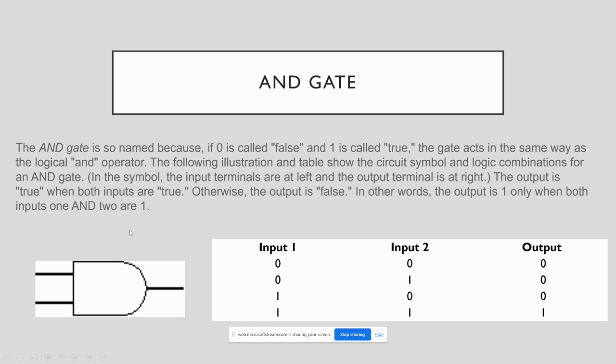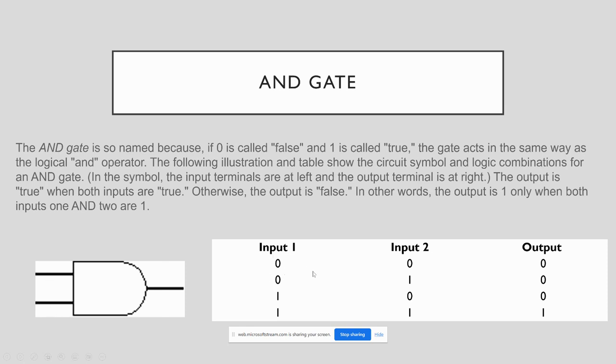If you look in here, the input 1 is 0, input 2 is 0, because I'm used to A and B. So if A is 0 and B is 0, then the output here, C, will be 0.